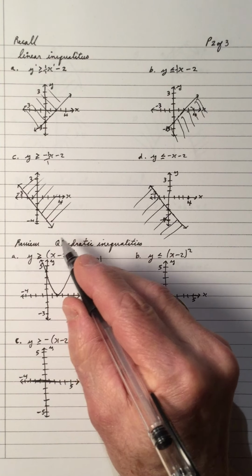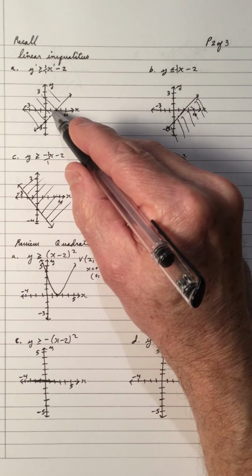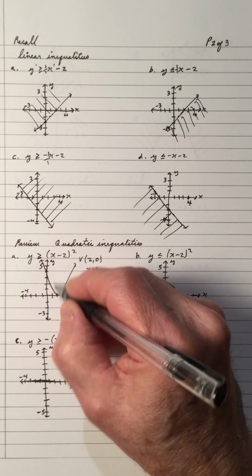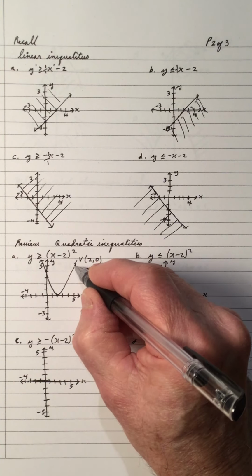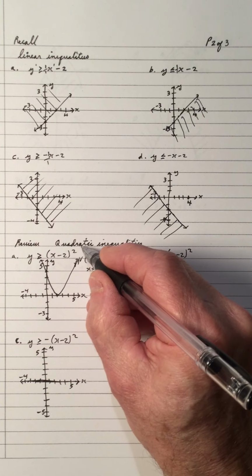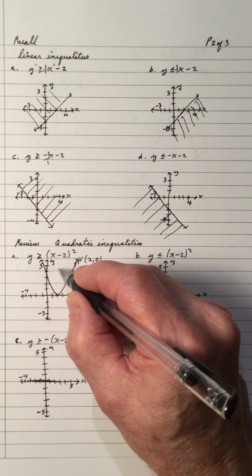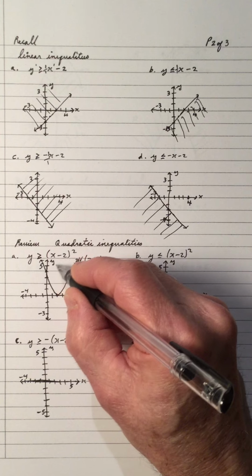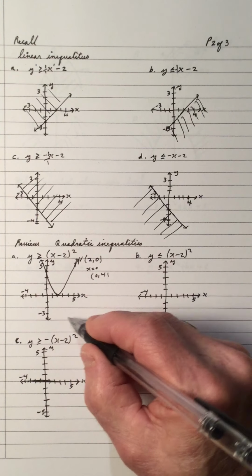And greater than, well, if for a line greater than is above, then greater than here is above. Think of the parabola as a fence in a garden, only the fence has a bend in it. You're either on this side of the fence or you're on this side of the fence.